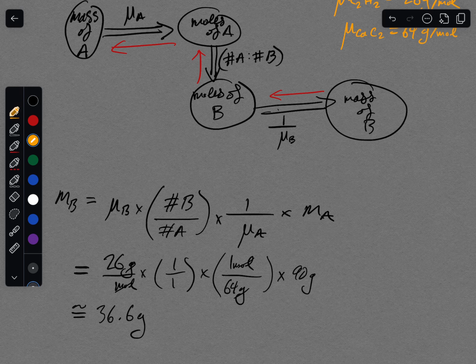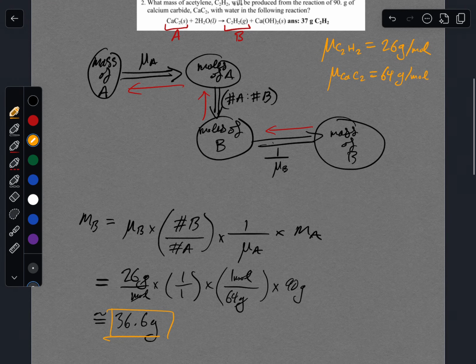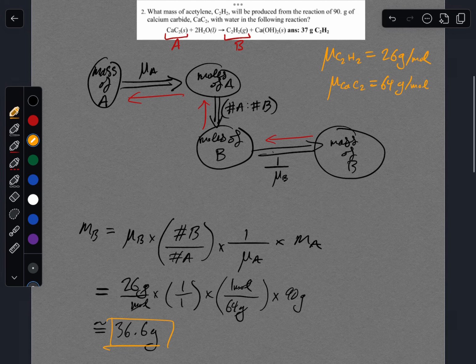Okay, as expected. I'm not being very precise with the significant figures or anything here, but just to demonstrate, basically, if you're interested in the mass of some quantity B, the compound B, and you know the mass of some compound A, this equation will always get you the answer.